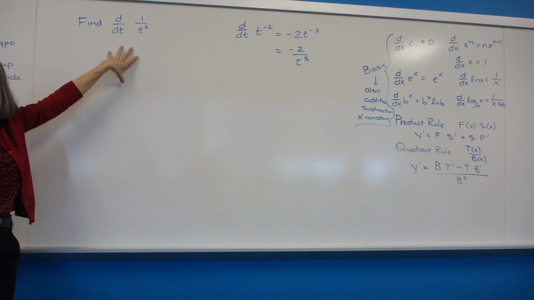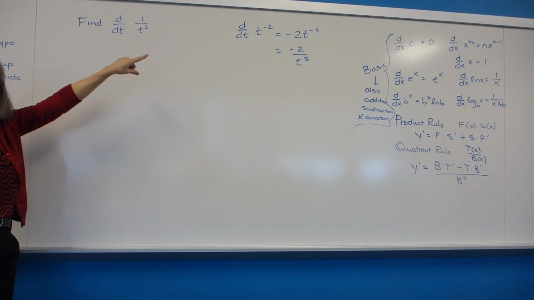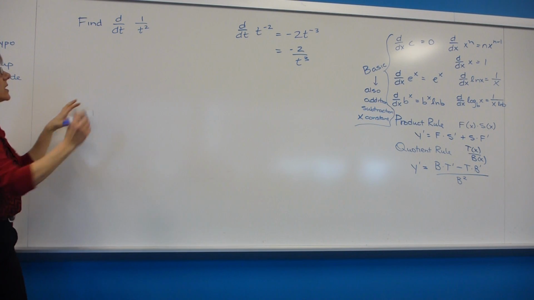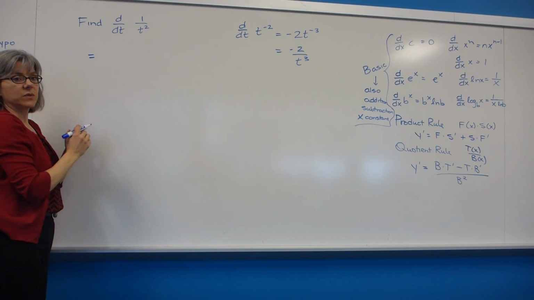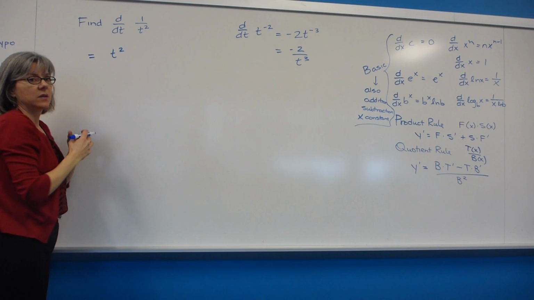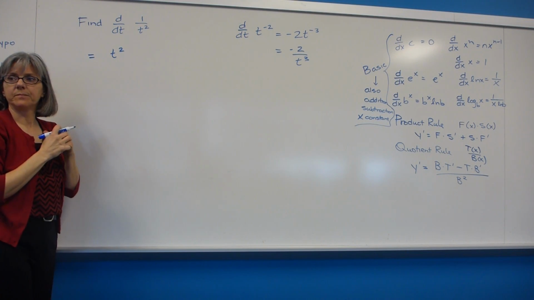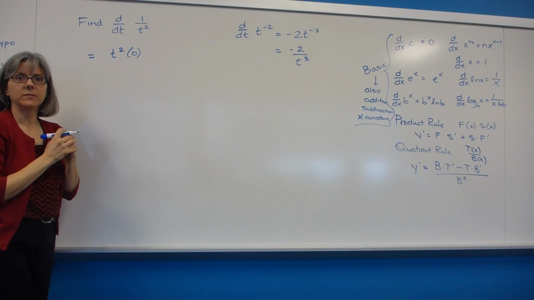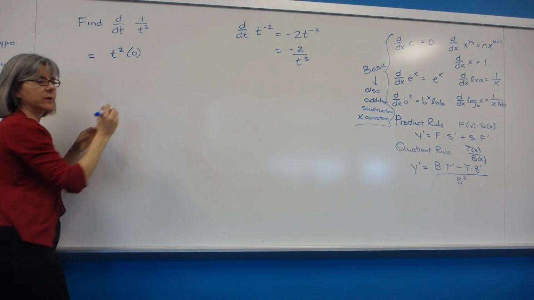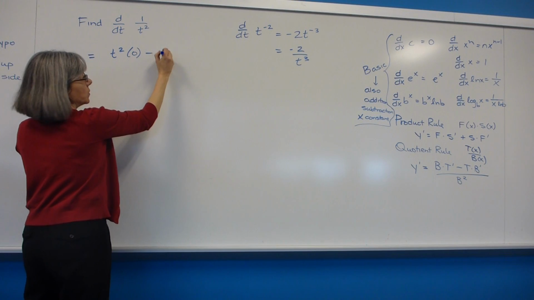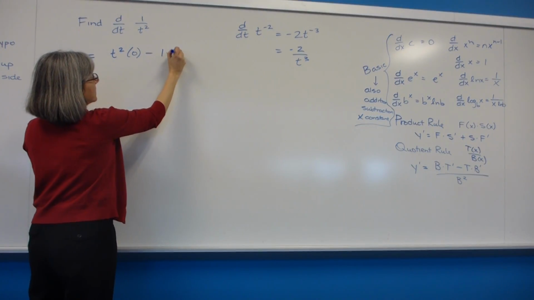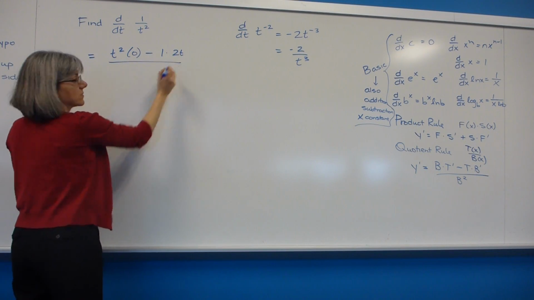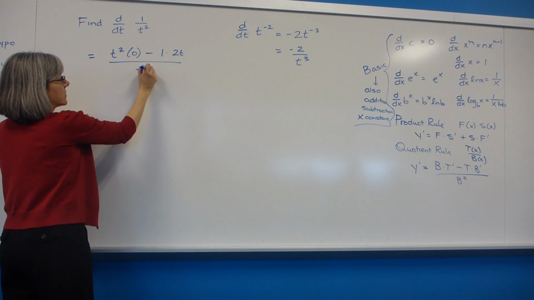So let's do it using the quotient rule, just in case you didn't see that. The quotient rule still works, we just need to be careful about derivatives. So here, we'll start with the bottom. What is the derivative of the top? 0. That's why it's going to simplify really quickly. Minus the top, 1, times the derivative of the bottom, 2t, all over the bottom squared, t to the 4th.